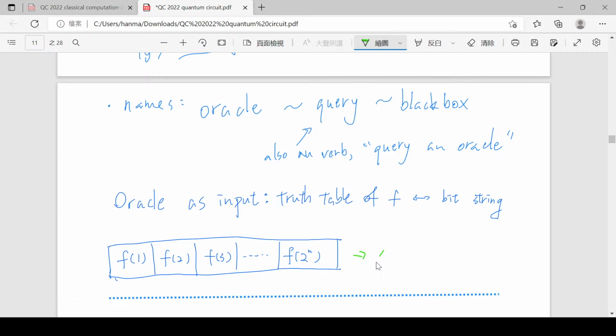The truth table of f is a big bit string, while x is a small bit string. Just don't confuse those 2 inputs: there is a small bit string, and there is a big bit string, which is the truth table of all possible f of x.